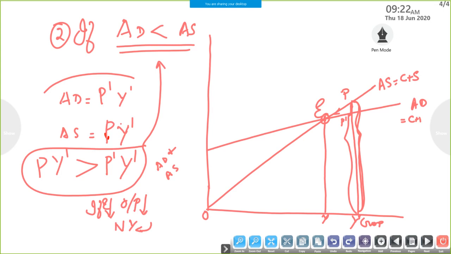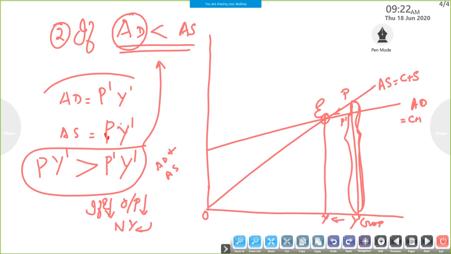So if AD is less than AS, what is happening? The level of national income tends to fall. If AD is greater than AS, the level of national income tends to increase. So what relationship between AD and GDP do we get?